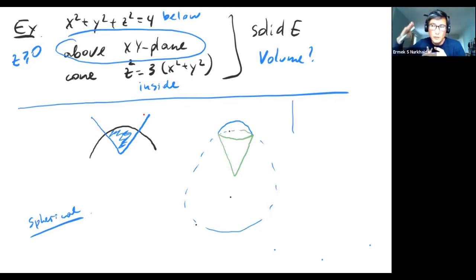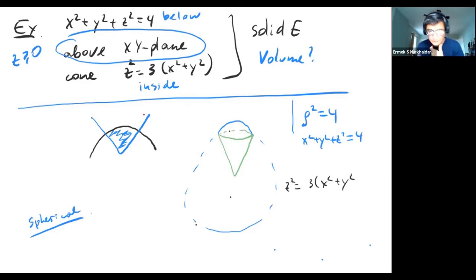So x squared plus y squared plus z squared is rho squared. Rho squared equals 4 is equivalent to saying x squared plus y squared plus z squared equals 4. Now let's work with the other equation, which says z squared equals 3 times x squared plus y squared. Recall that x squared plus y squared is r squared.